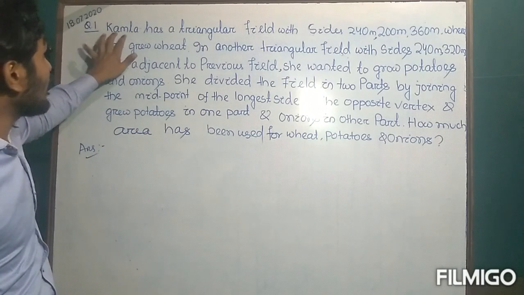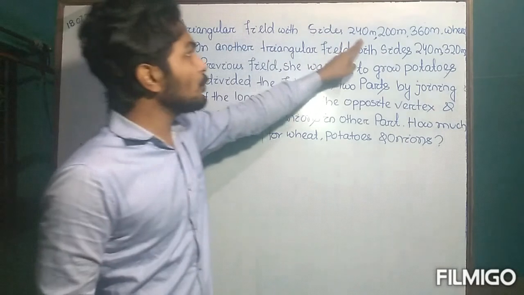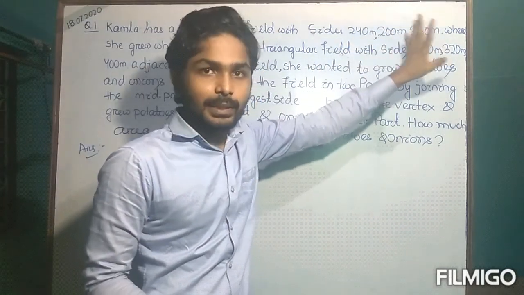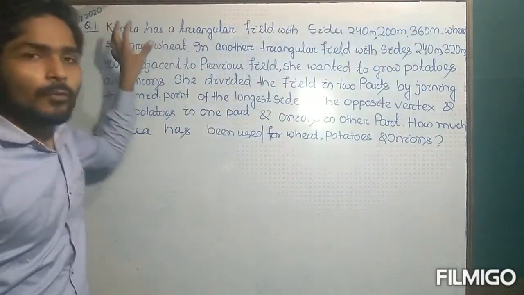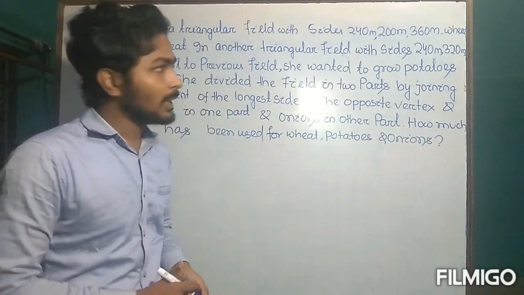Here it is: Kamala has a triangular field with sides 240 meter, 200 meter, 360 meter. That means Kamala is a farmer. Suppose Kamala is a farmer and she has a triangular field.